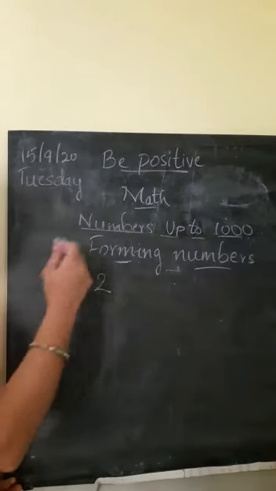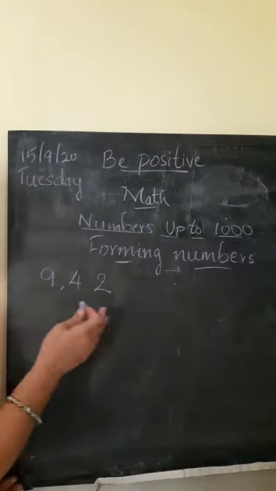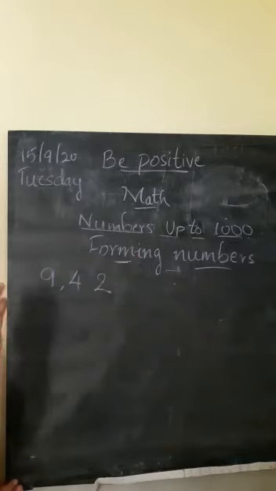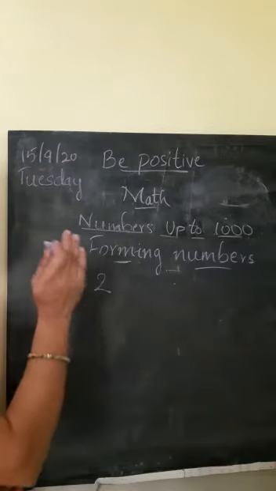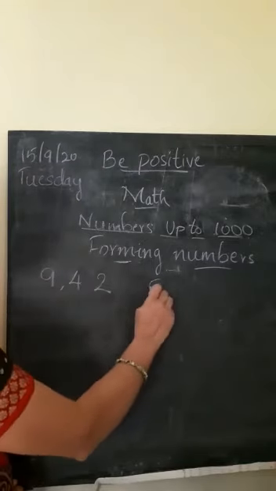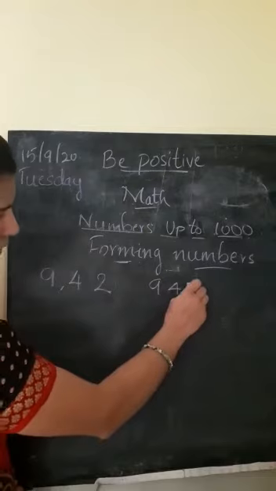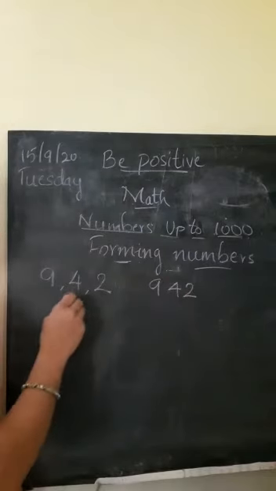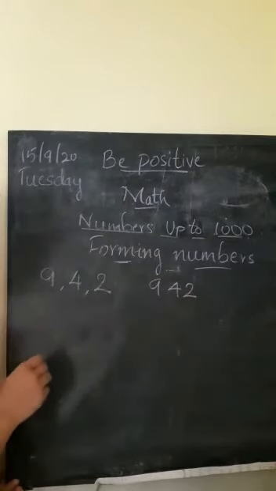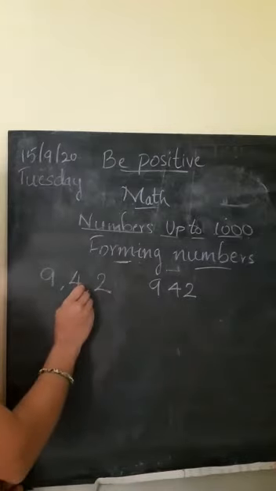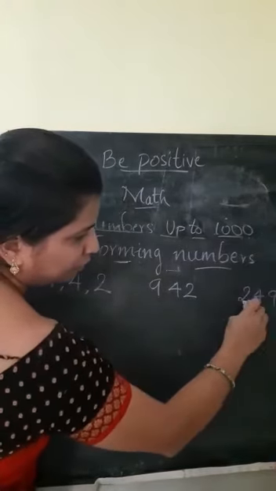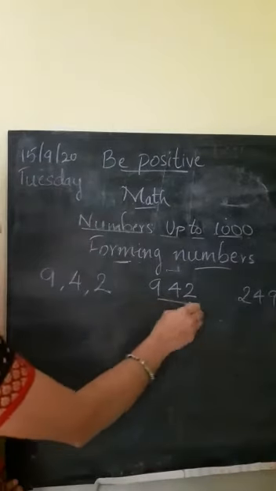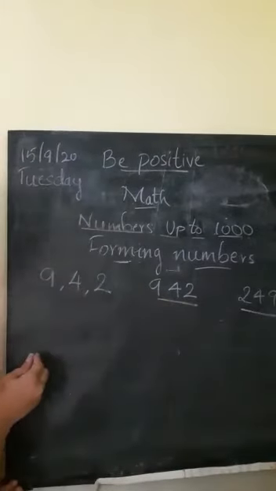How to form the greatest number? We should write in descending order, meaning big number to small number. So 942 will be the greatest number and the smallest number is 249, in ascending order, small number to big number.